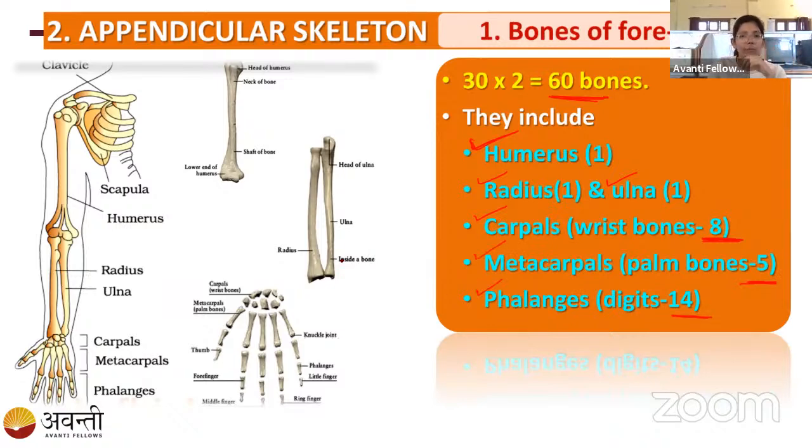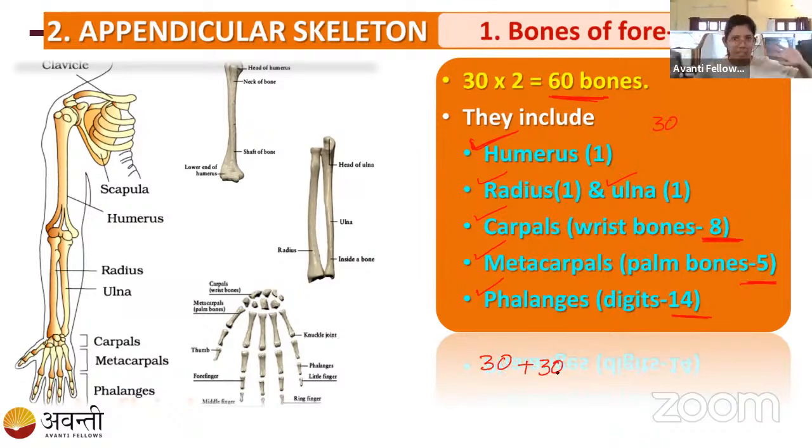Is it clear for you? So total 30 bones are there. 1, 2, 3 plus 8. I'm very weak in maths, you have to tell me. 3 plus 8 is 11. 11 plus 5 is 16. 16 plus 14 is 30. So 30 in one hand, and in both hands, 30 plus 30.